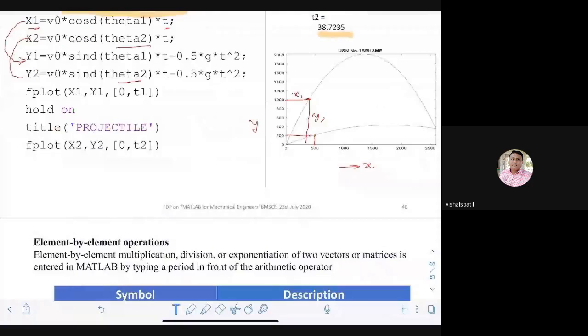Therefore, you can use the fplot command. You can also try zplot if you want. Fplot is plotting x1, y1 for various values of time. Remember, fplot is a function plot for various values of the independent variable and corresponding dependent variable, starting from 0 to t1. T1 is what? The time taken by the projectile when it is fired at the first angle.